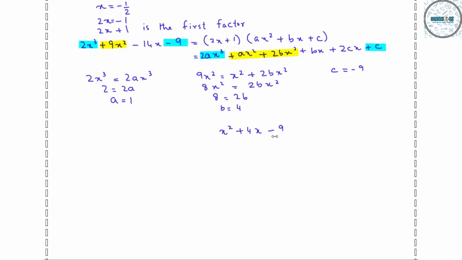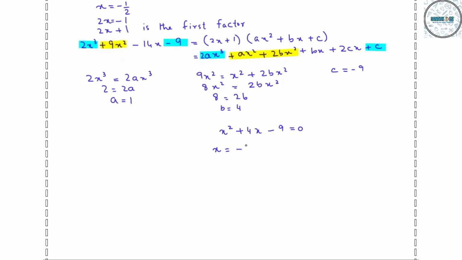Now this quadratic factor cannot be factorized, so we have to solve it using quadratic formula. So we will equate it to 0 and we will apply quadratic formula. The value of a is 1 and b is 4 and c is minus 9.